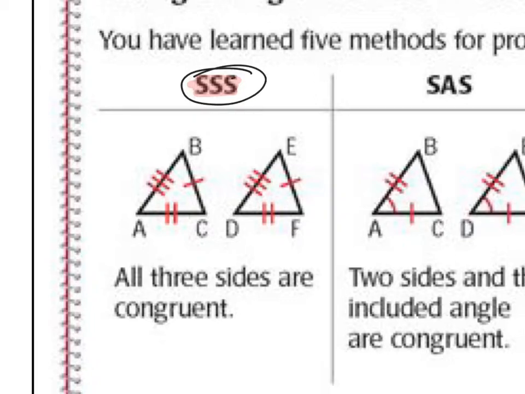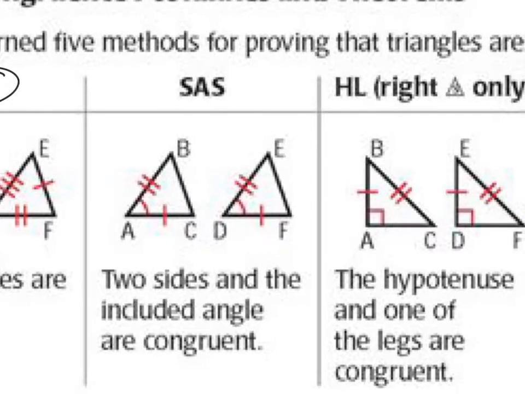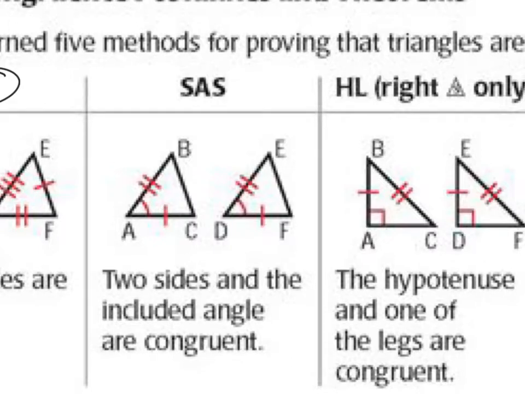So if we have 3 sets of congruent sides, then we can say that they are congruent by side, side, side. The next one is known as side, angle, side. Now, they name it this way specifically because the angle has to be in between the 2 congruent sides. So if we take a look here, we have AC congruent with DF, and then we have AB congruent with DE.